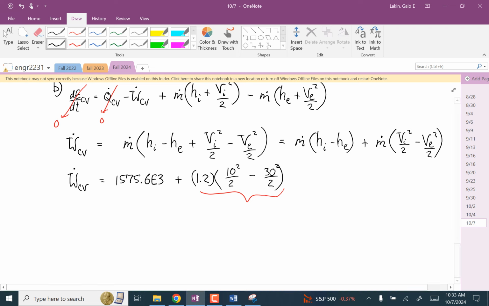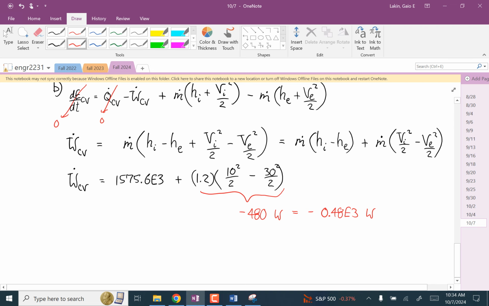And so this term is negative 480 watts. And so that's the difference, basically, we were off by 480 watts. Well, I mean, that's negative 0.48 times 10 to the third watts, compared to this.